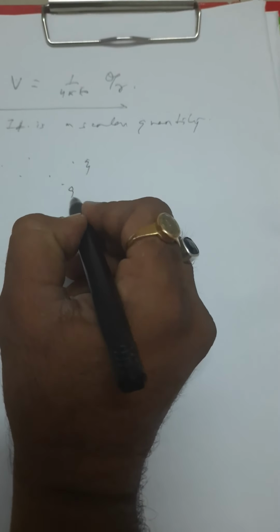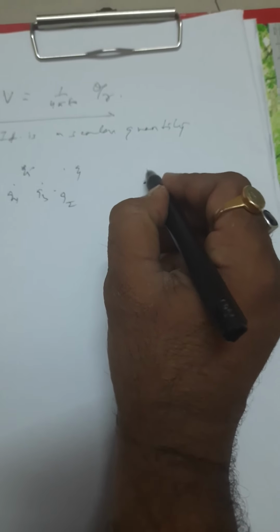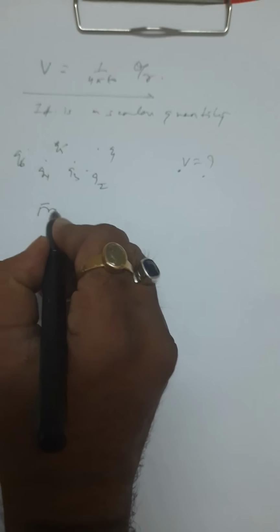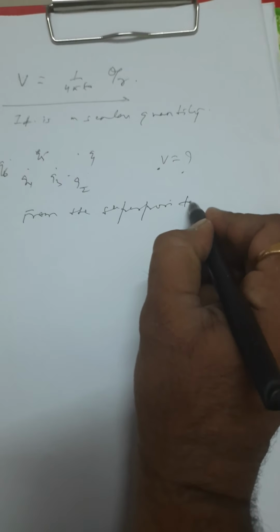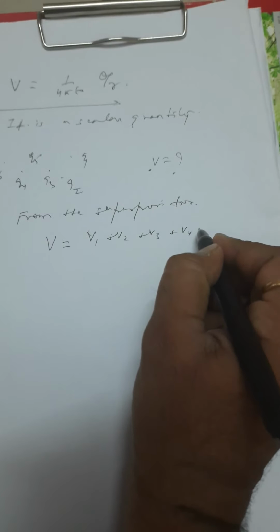Now, if there are a number of charges like Q1, Q2, Q3, Q4, Q5, Q6, and we need to find the potential at this point, then as this is a scalar quantity, from the principle of superposition, the total potential due to all the charges will be given by V is equal to V1 plus V2 plus V3 plus V4 plus V5, and so on.